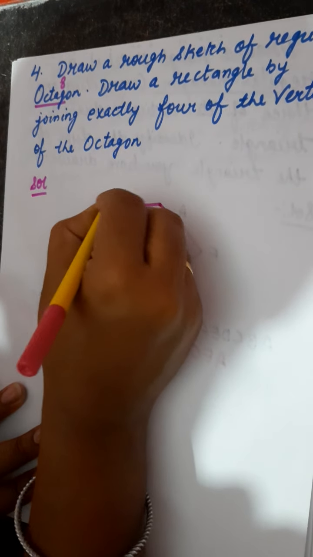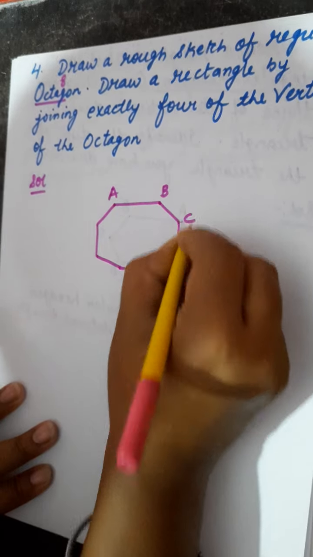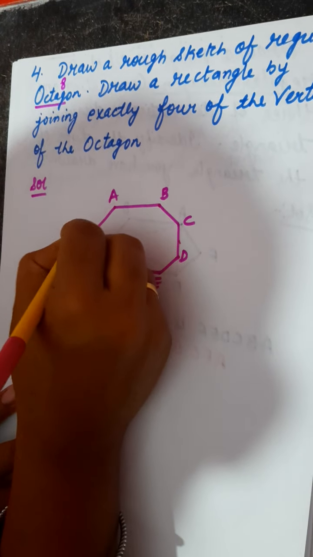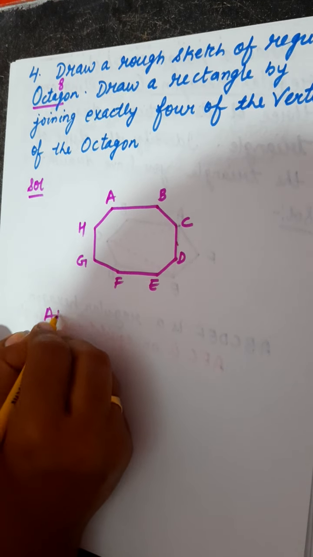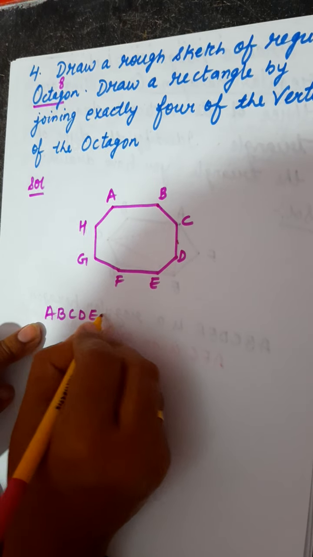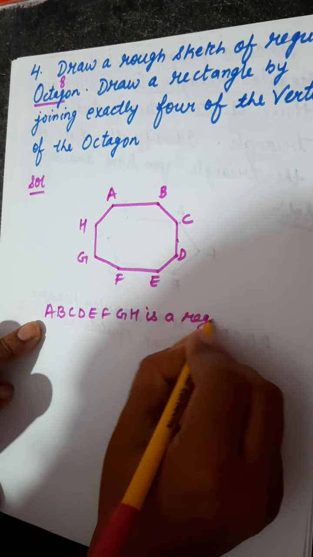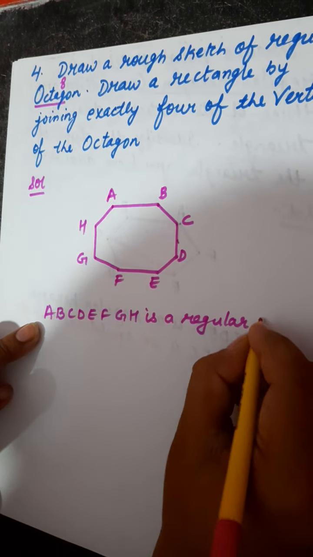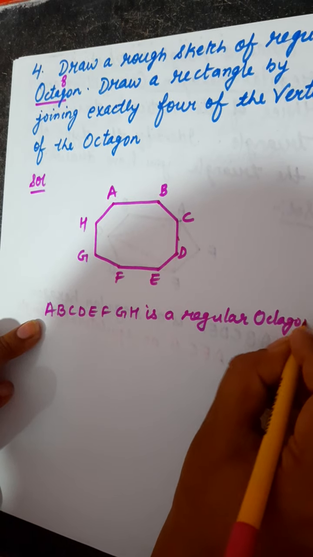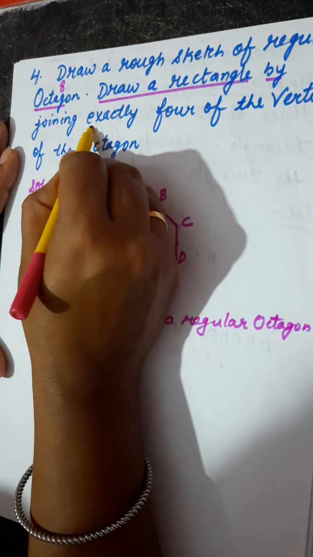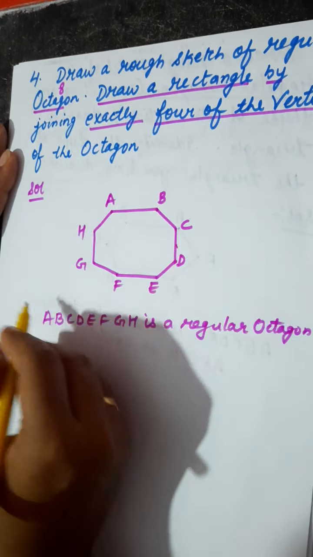Let's name it A, B, C, D, E, F, G, H. So here I will write: A, B, C, D, E, F, G, H is a regular octagon.